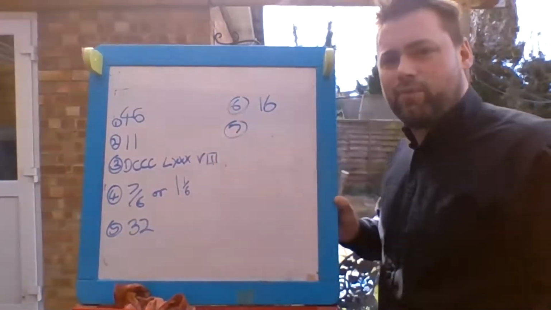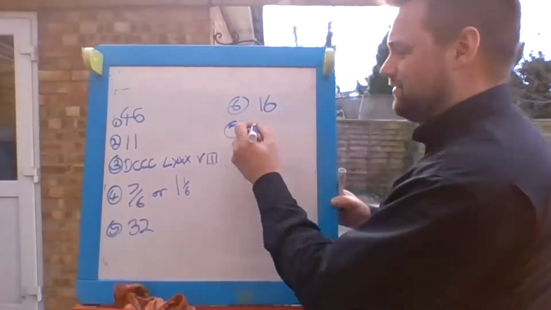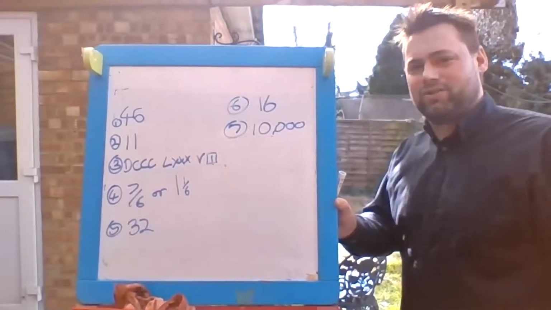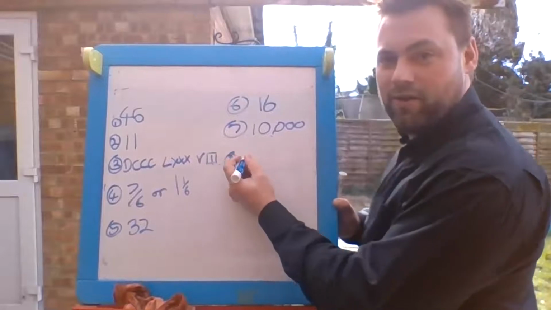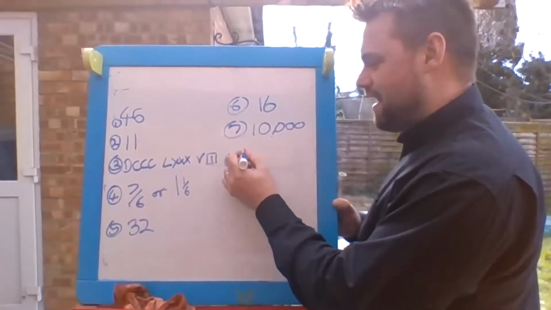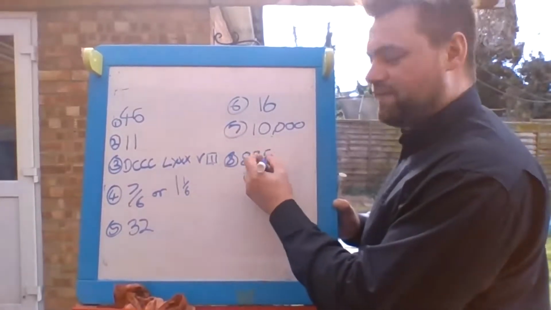Question 7, what is 10 kilometers in meters? We need to multiply 10 by 1,000, so there are 10,000 meters in 10 kilometers. Then we need to add our values together. 4,000 plus 4,000 is 8,000. 800 plus 100 is 900. 20 plus 30 is 50.